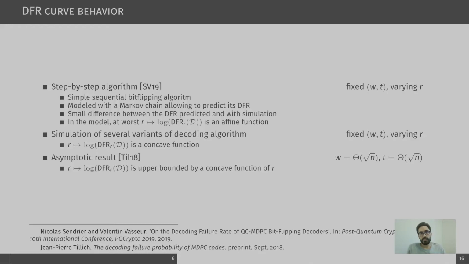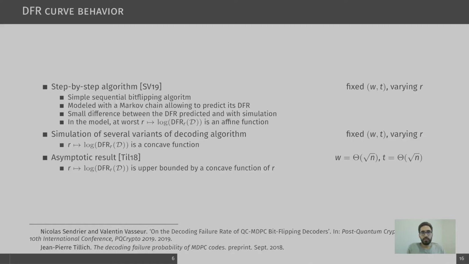The difference is that the range of values for R that we can use is narrower, because when R is too big, it's really hard to measure any failure. So we have experimental data only on a smaller range. And what we observe is that the behavior of the two curves is really similar. In fact, the two curves only had a small difference between them. This gives us confidence that the model is a good model.